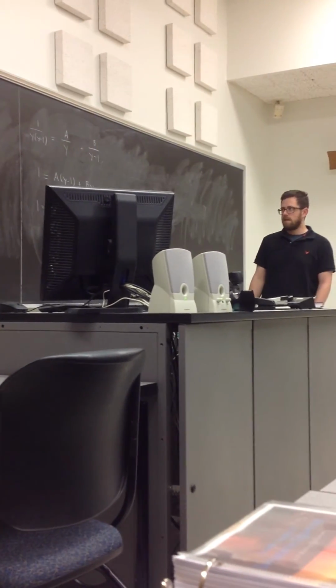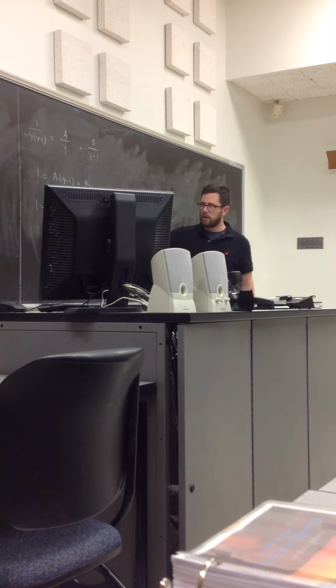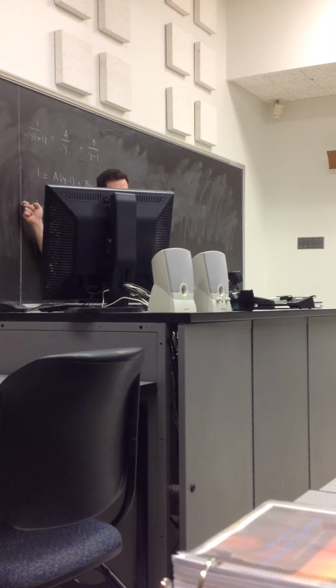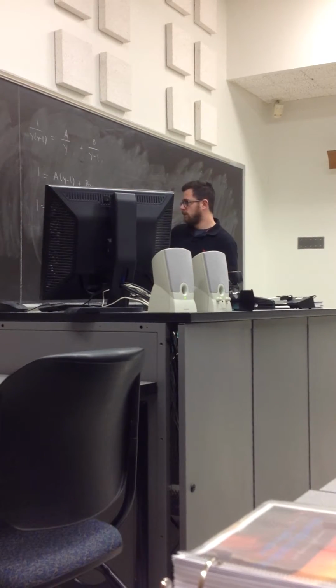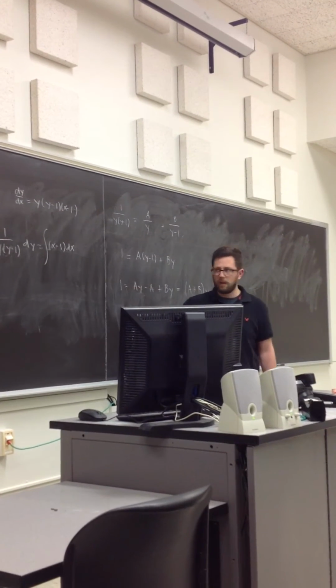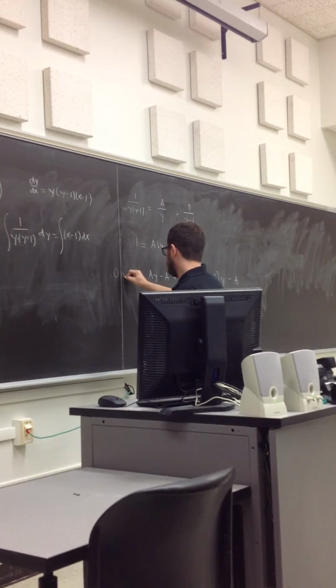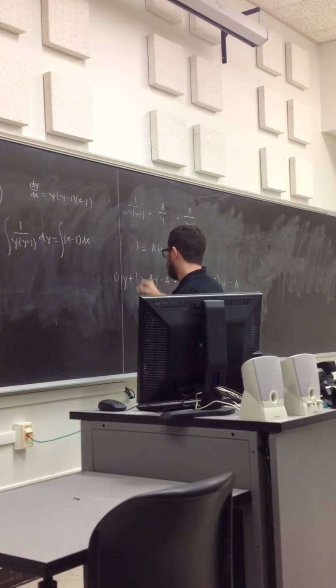So what does that mean? That means that the coefficient of the linear term has to match the coefficient of the linear term on the left-hand side. But there is no linear term, so that coefficient must be 0. Agree? And whatever this constant is has to match this constant. So you can think of this as 0y plus 1.